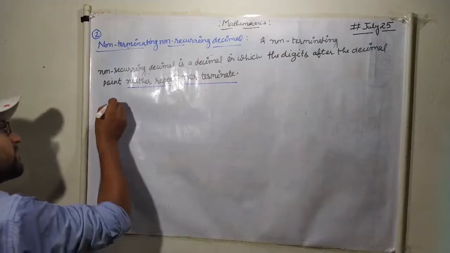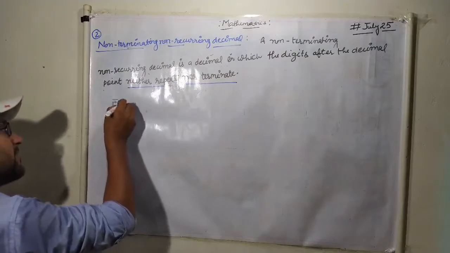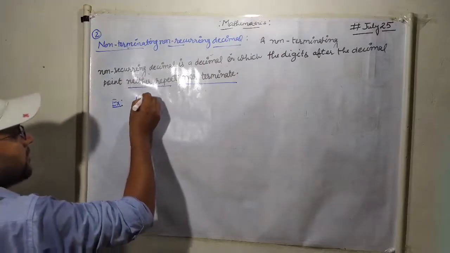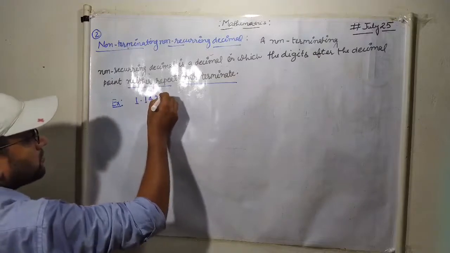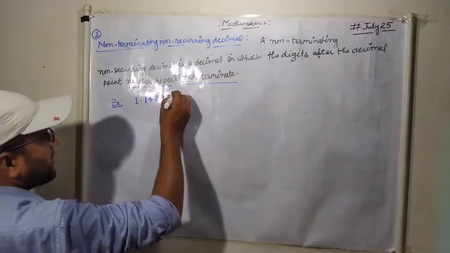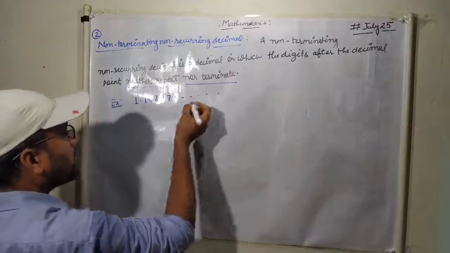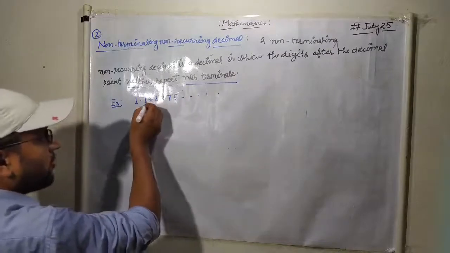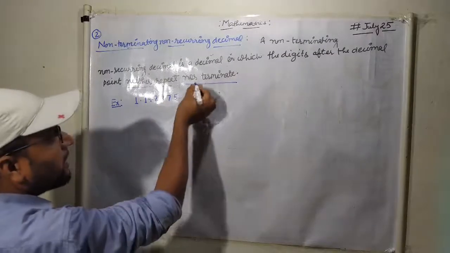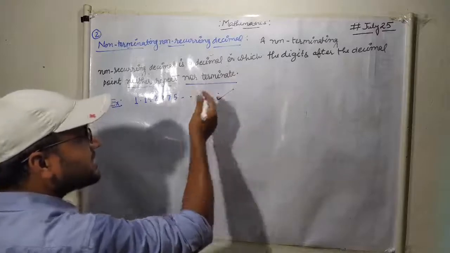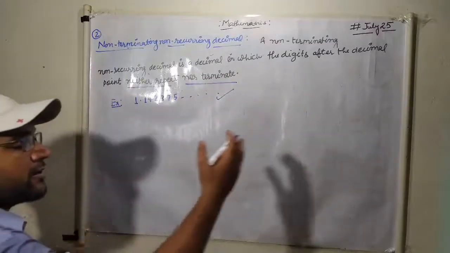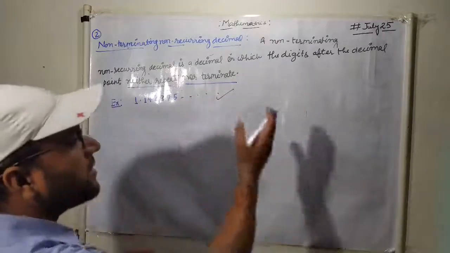Okay, so for example, 1.14235 and so on. It is not repeating nor terminating, meaning it is endlessly moving to the right side of the decimal point.